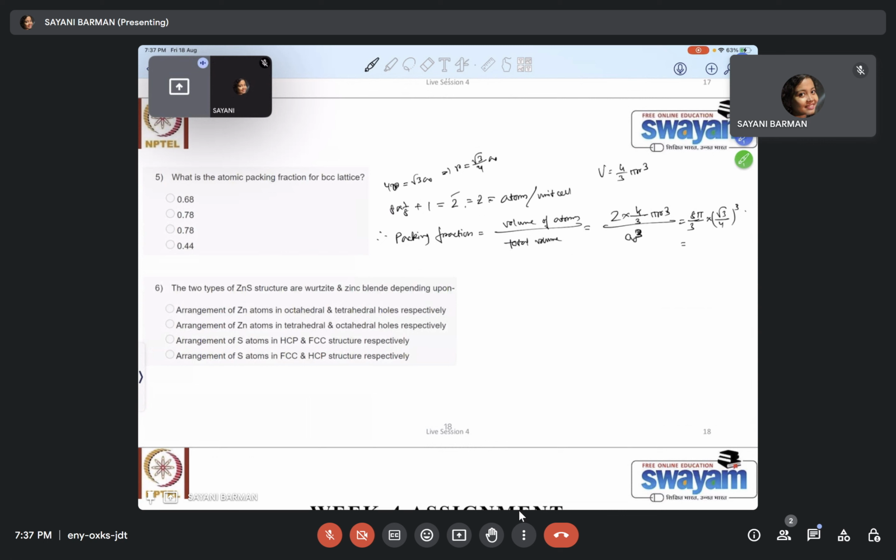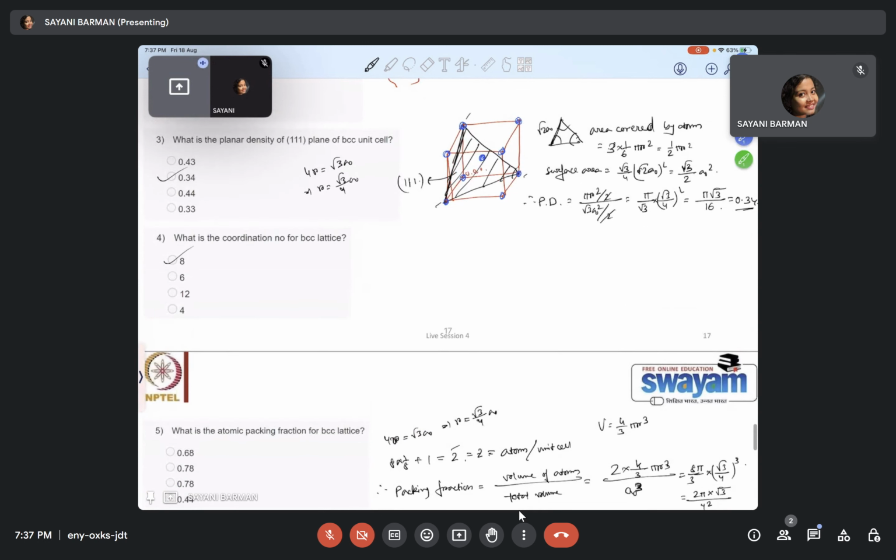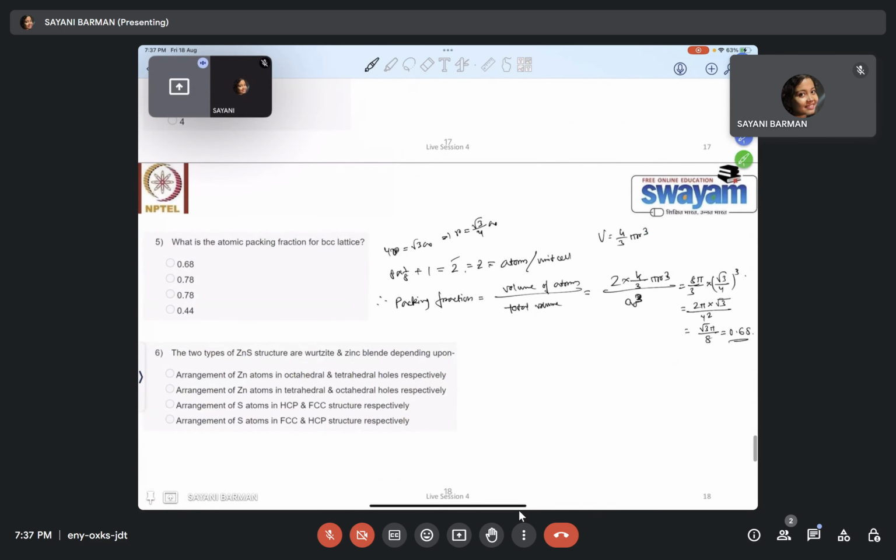So it will be root 3 pi by 8. How much is it? 0.68. Here we got 0.34 for the root 3 pi by 16 part, so the double of it is 0.68.